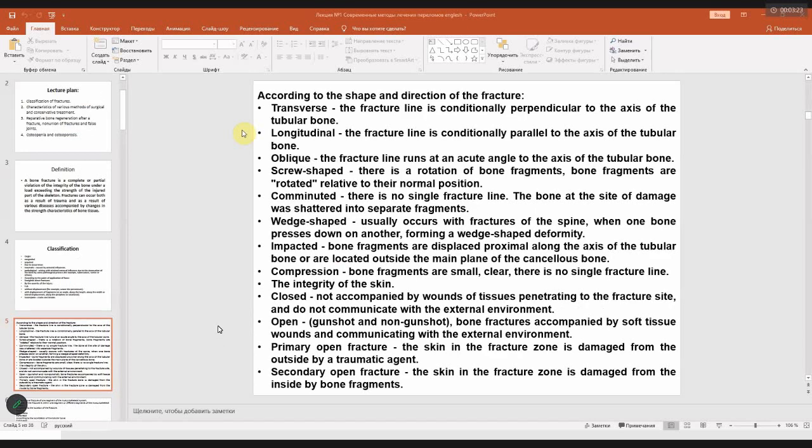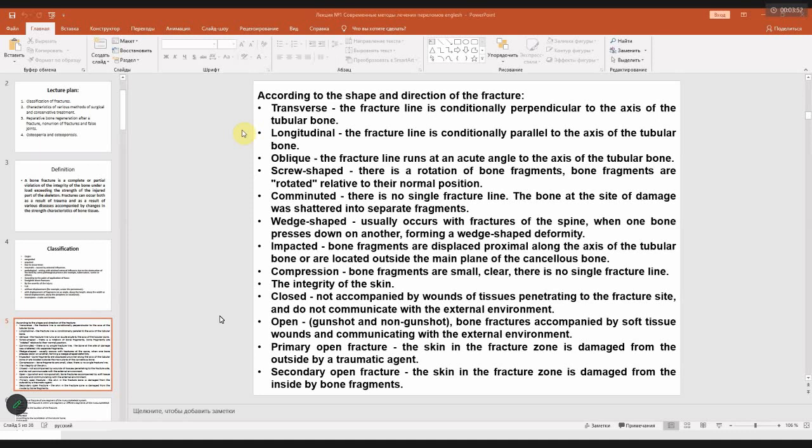According to the shape and direction of the fracture: transverse, the fracture line is perpendicular to the axis of the tubular bone. Longitudinal, the fracture line is parallel to the axis of the tubular bone.